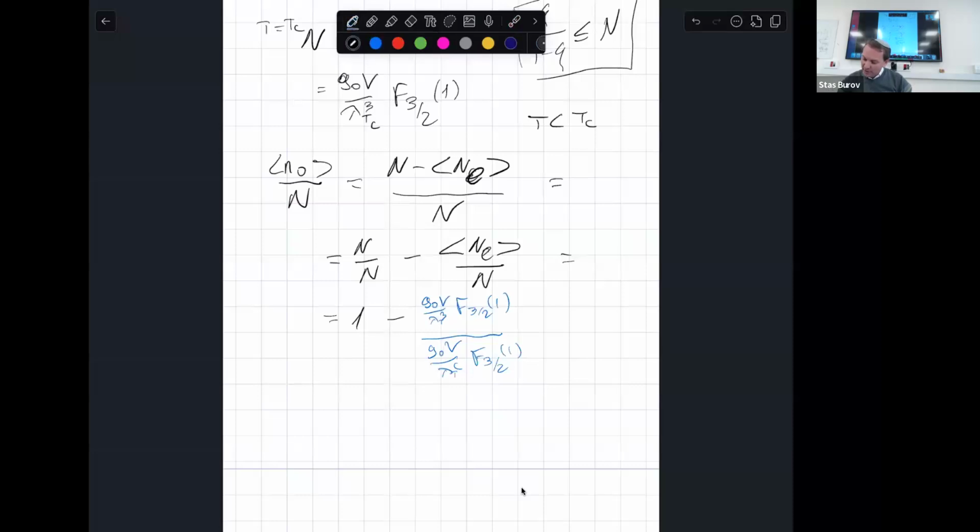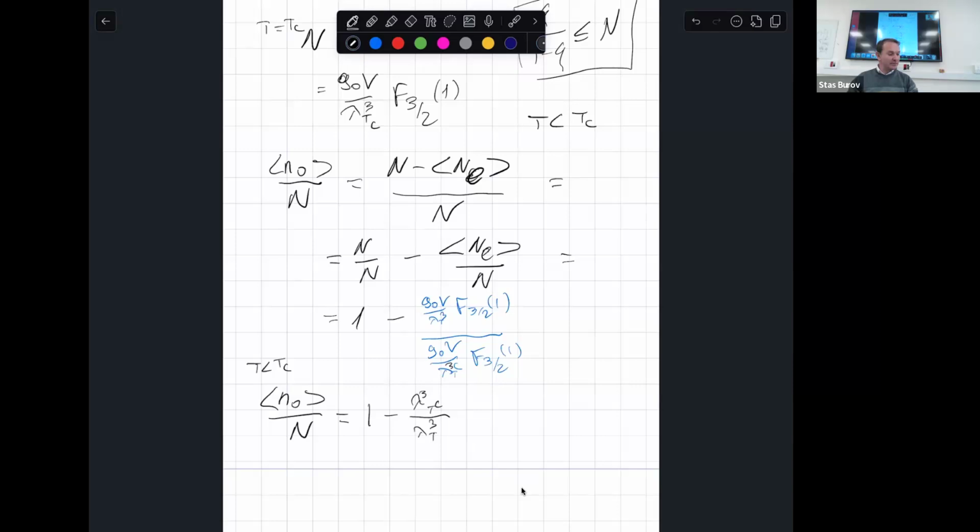So eventually we obtain that N0 average divided by N for T less than TC equals 1 minus lambda TC to the third power divided by lambda T to the third power.